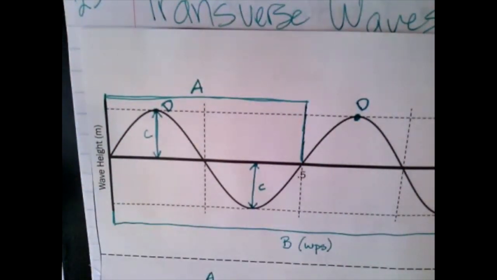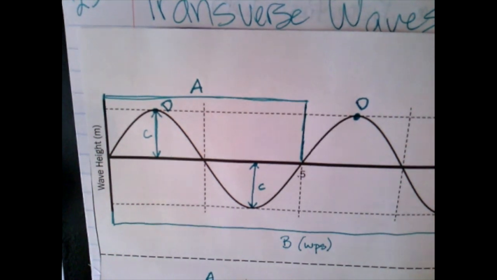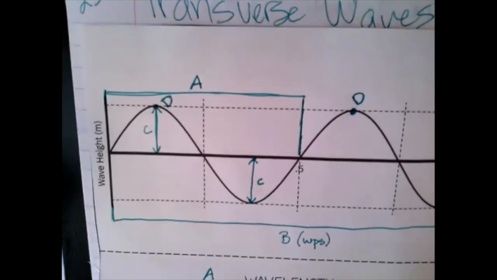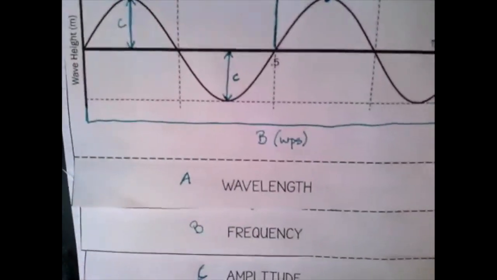If the crest is the top, what is the trough? The bottom. It's the opposite of the crest. Exactly, Nate, Evan.